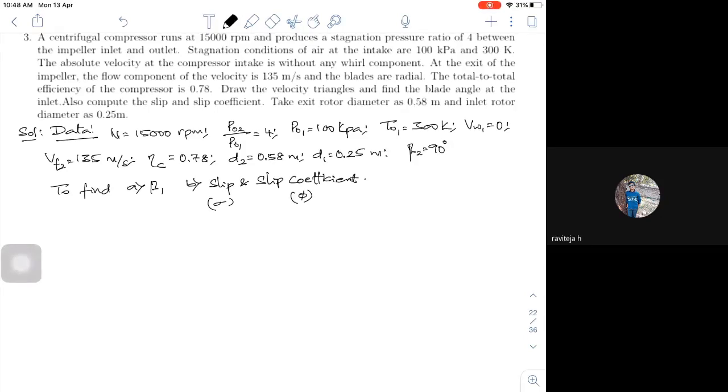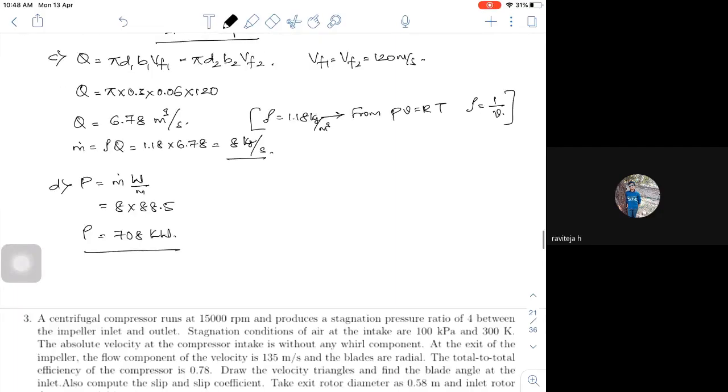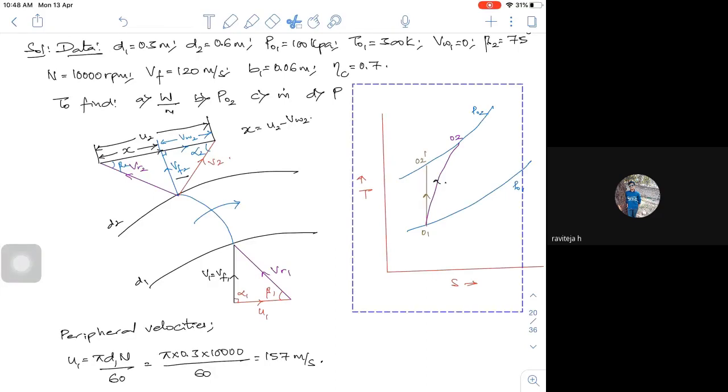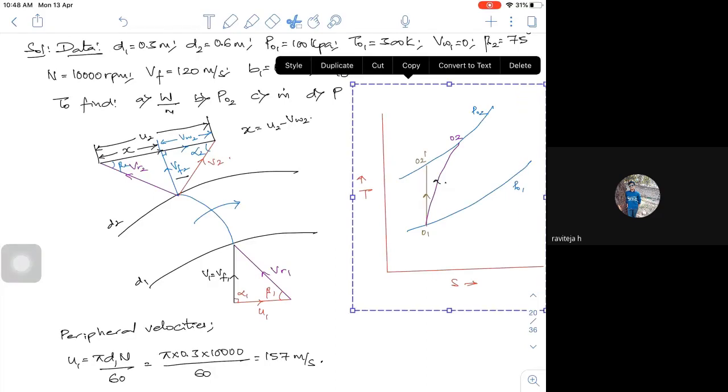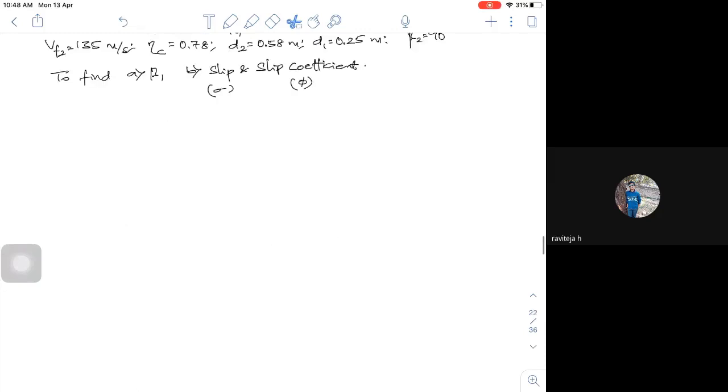Anyhow, you already know the corresponding TS diagram. It remains the same, so we can use the same TS diagram for this also.